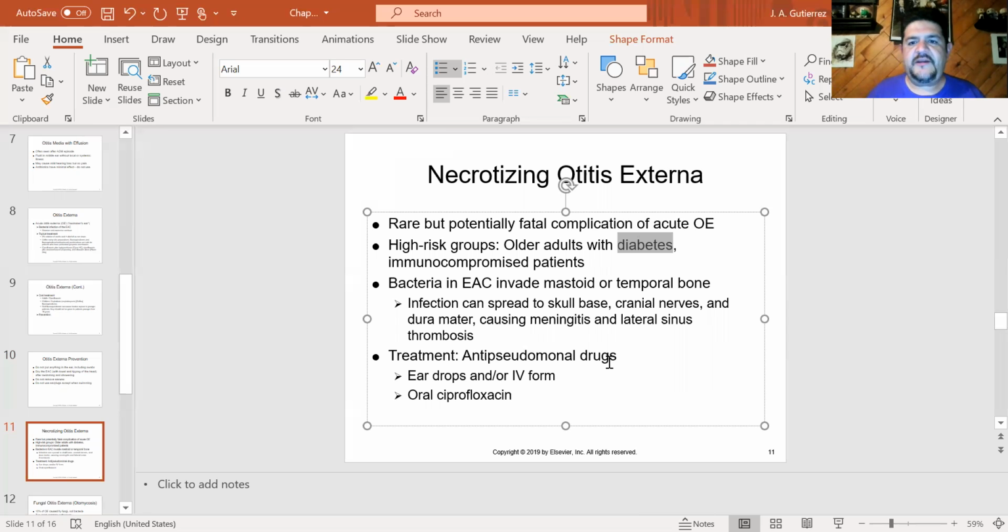Pseudomonas is a bacteria that is very common on tissues that are humid. And if this patient has an ear canal that is always moist, Pseudomonas can grow easily. The medication for Pseudomonas: ciprofloxacin, an antibiotic.